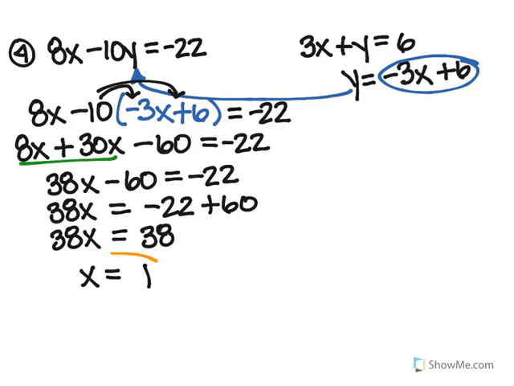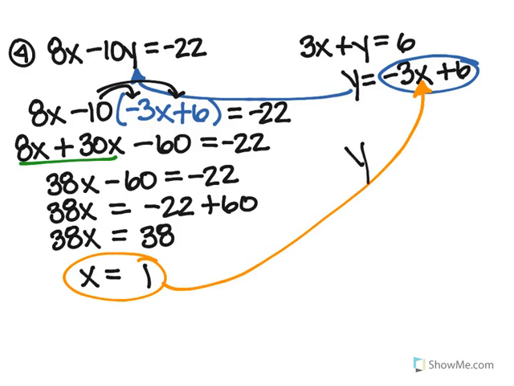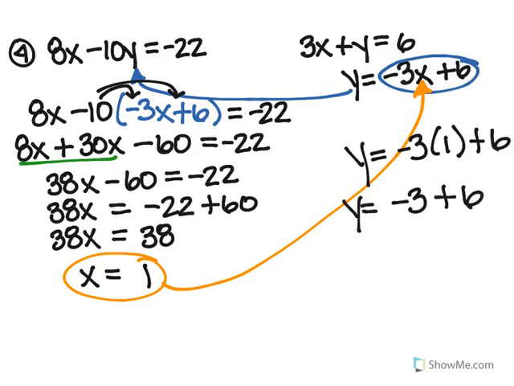So we're going to take x equals 1, and in the place of x, we're going to plug in 1. So y equals negative 3 times 1 plus 6. That's negative 3 plus 6. y equals positive 3. So our point of intersection would be 1, 3.